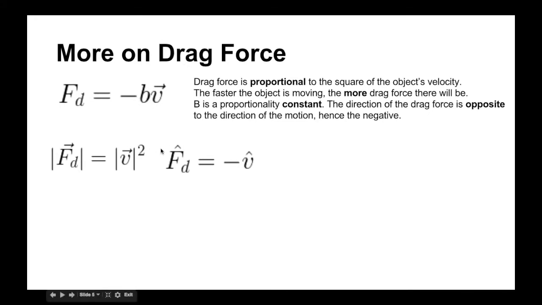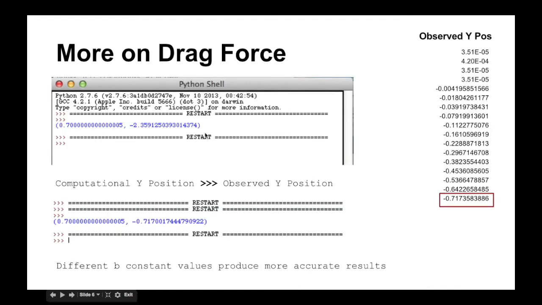So what this is saying is that the drag force is proportional to the square of the object's velocity as its magnitude, and as its direction, it will be opposite to the direction of the velocity. And b is our proportionality constant, so that is needed because anytime you have a proportional relationship, you need a constant.